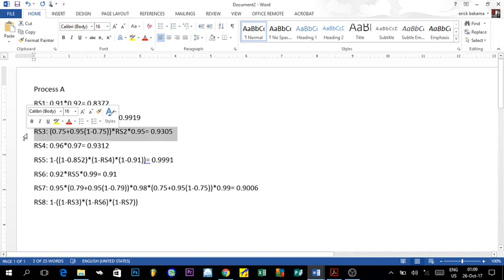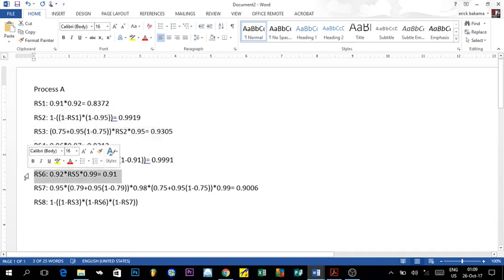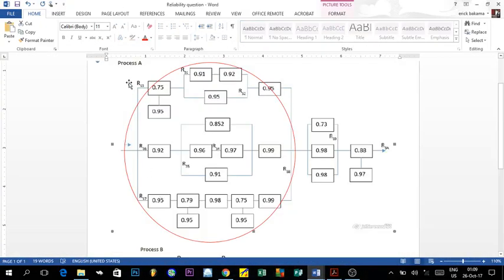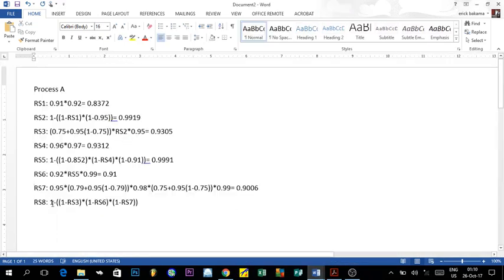We have error 3, error 6, and error 7, and they are in parallel. That justifies the use of this formula here. And then from here, error 8 gives us a value of 0.9994. Now we need to look for error 9.